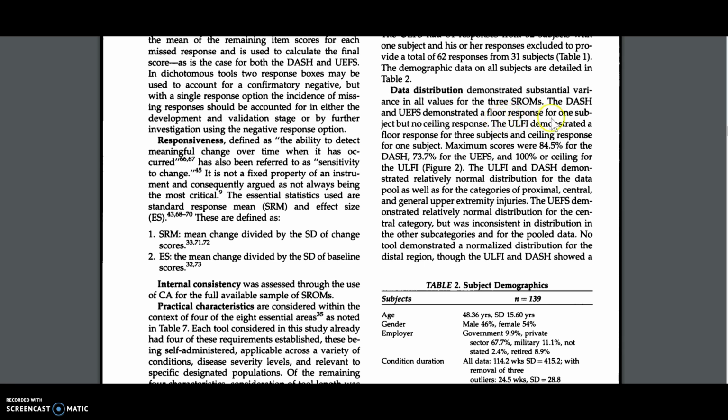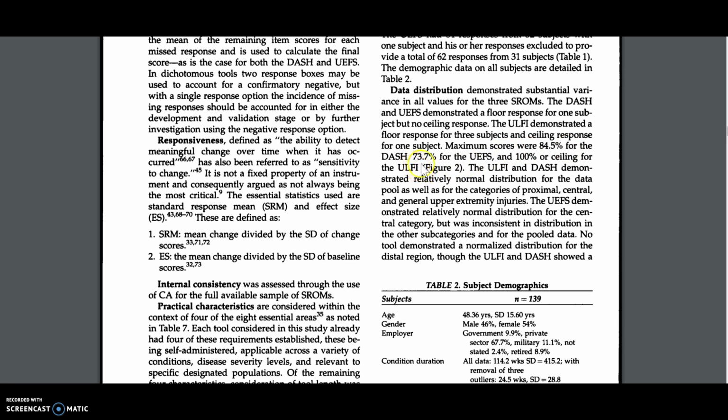The ULFI demonstrated a floor response for three subjects, and a ceiling response for one subject. Maximum scores, now they're just telling you what those scores were.